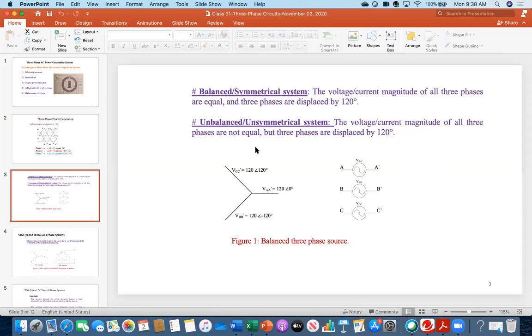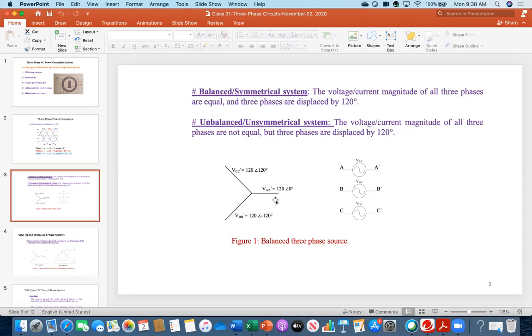For example, just take an example that at your home you have a three phase system and you are measuring voltage. In one phase you got 120, that is fine, but in another phase you got 90 volts. In another phase you got 150 volts. All three are different. That is problematic, and that is called the unbalanced and unsymmetrical system.